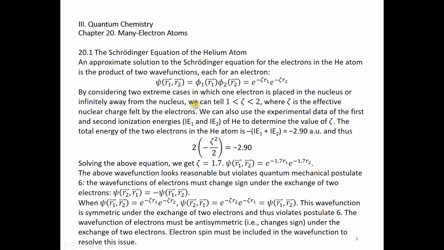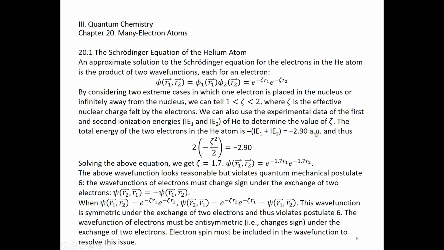We'll just use the experimental data for the first and second ionization energy of helium to determine the value of zeta. The total energy of the two electrons is simply the sum of the ionization energy of removing electron 1 and the ionization energy of removing the second electron. So it's negative 2.9 atomic unit.